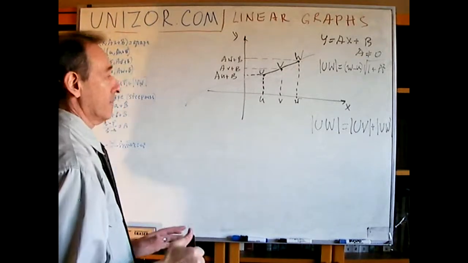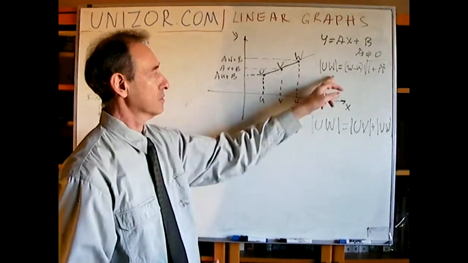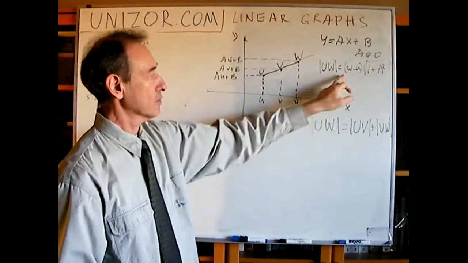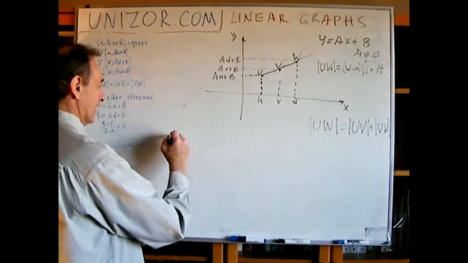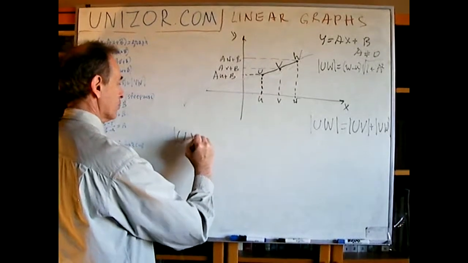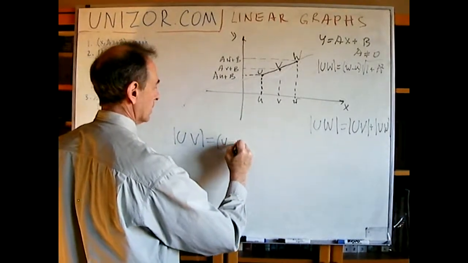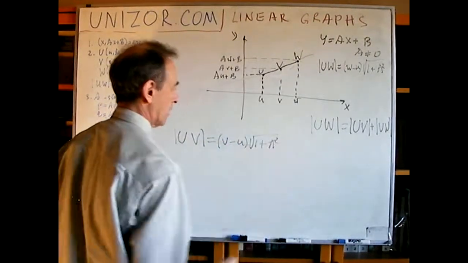Now, if I know how to calculate the distance from U to W, and this is the formula, and it's important that W is greater than U, so this is positive, then very analogously, the distance from U to V would be equal to V minus U times the square root of 1 plus A squared. Correct?